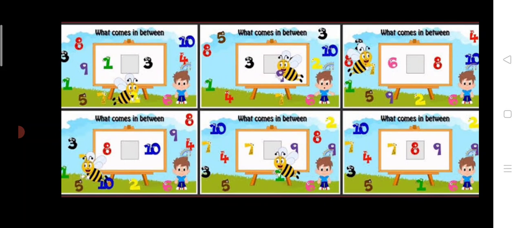Now see Rajay, first picture, what comes between 1 and 3? 1, 2, 3. So it means the answer is 2. 2 comes between 1 and 3. What comes between 3 and 5? Answer is 4. What comes between 6 and 8?